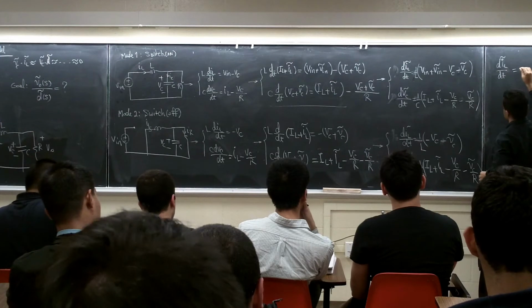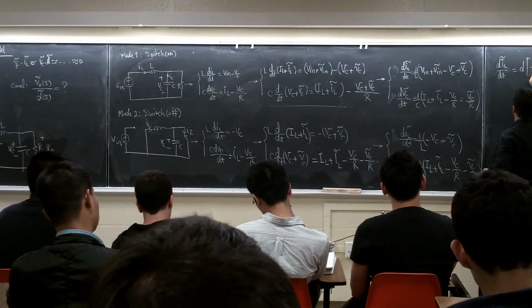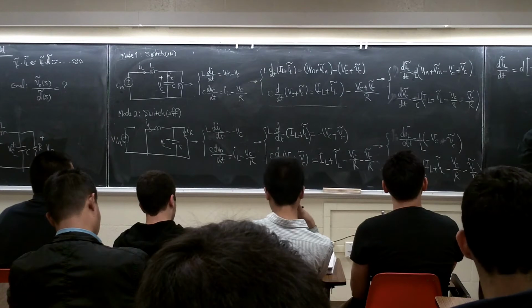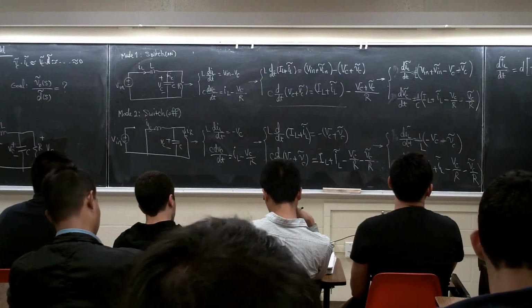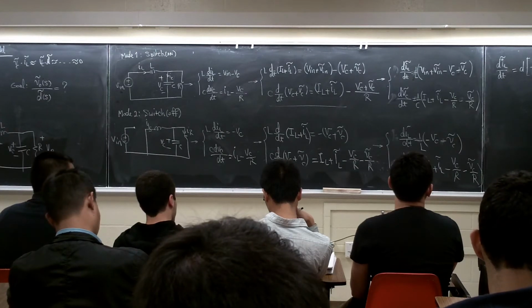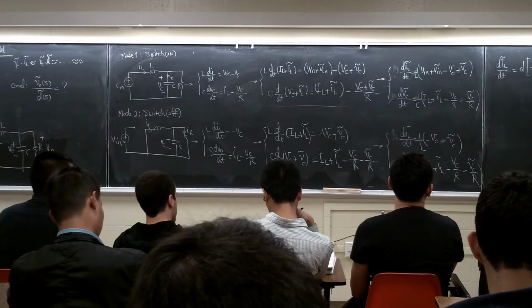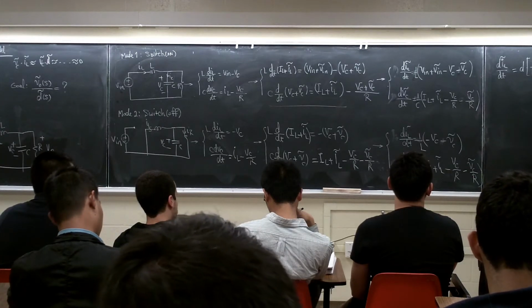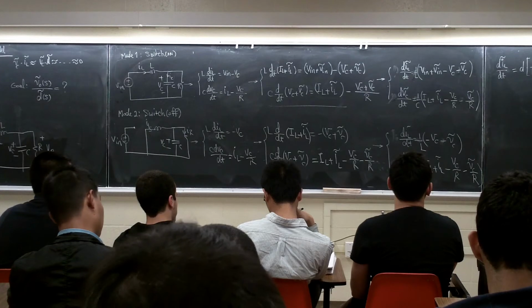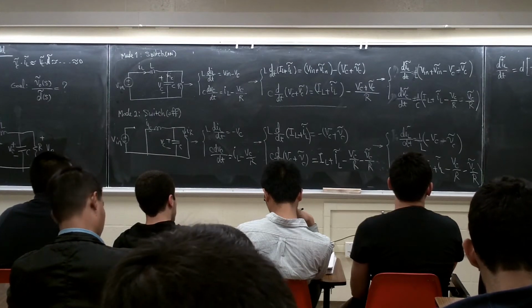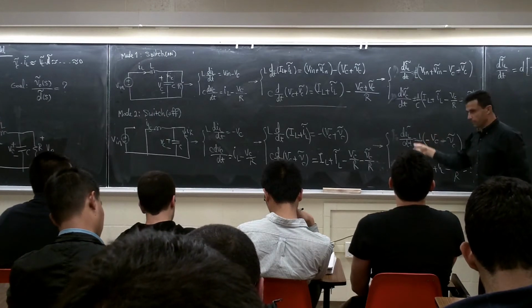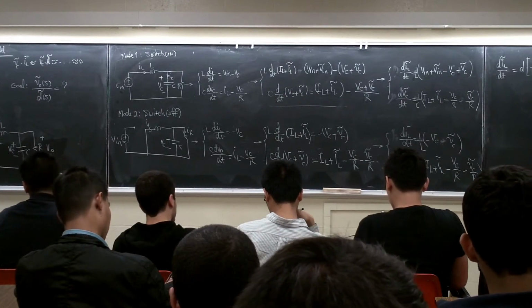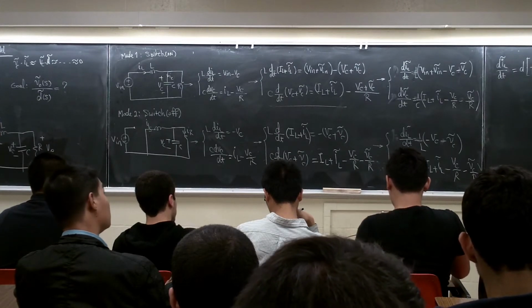It's going to be d times 1 over L (Vin plus Vin tilde minus Dc minus Dc tilde), plus 1 minus d times 1 over L (minus Dc minus Dc tilde).